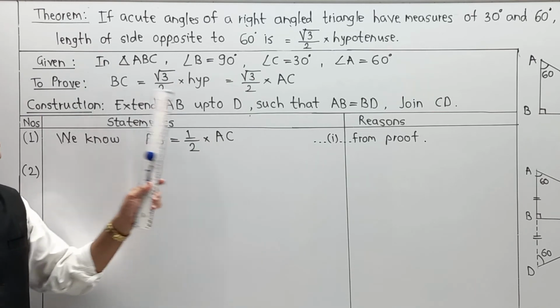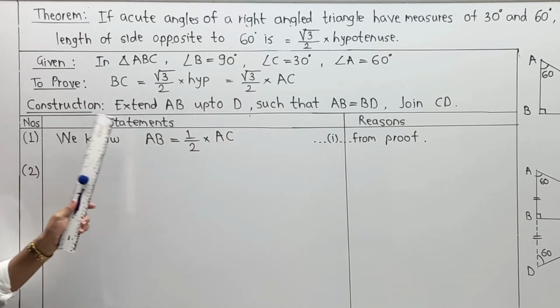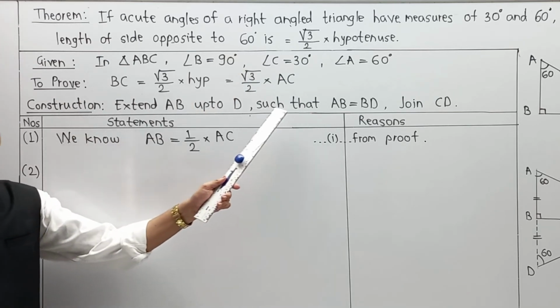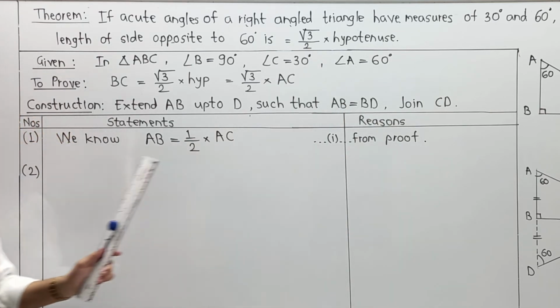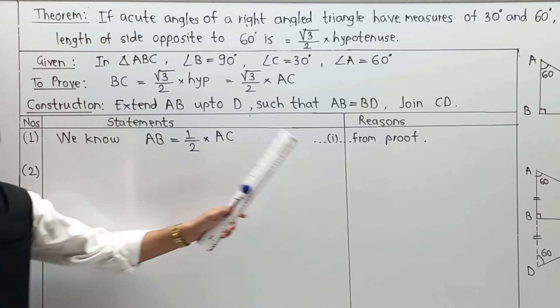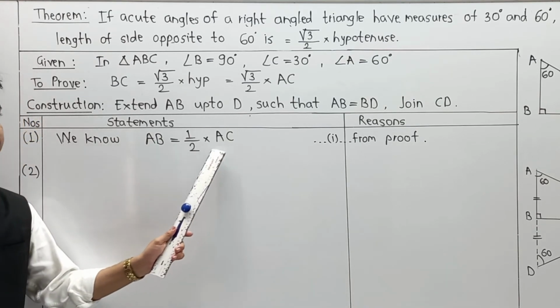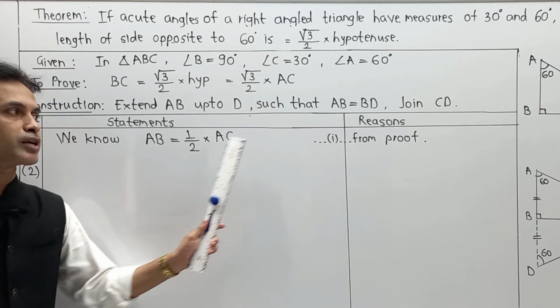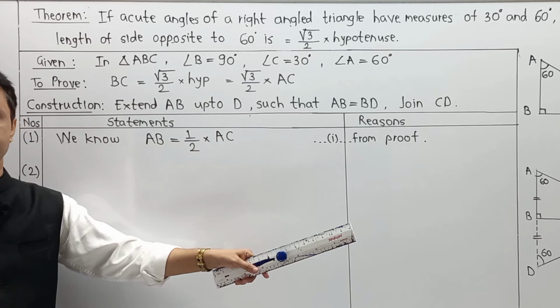You have to prove that BC is equal to root 3 by 2 times of AC. The construction: extend AB up to D such that AB equals BD and join CD, all parts remain the same. Also, in number, statement, reason, you have proved one part. We know AB is equal to half of AC, that we have proved. We are also using it over here, and from that part our proof is going to start.